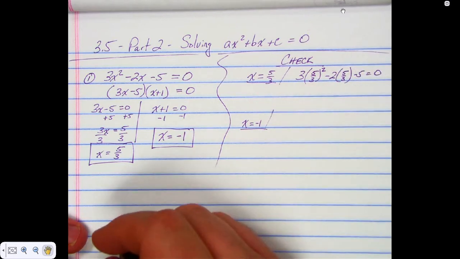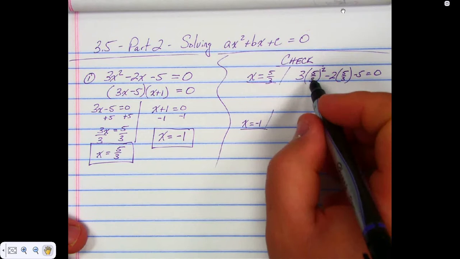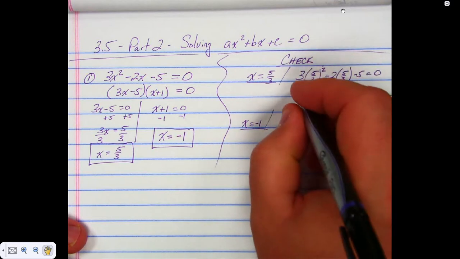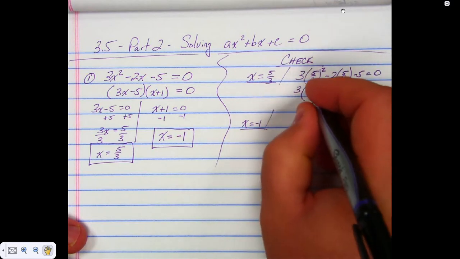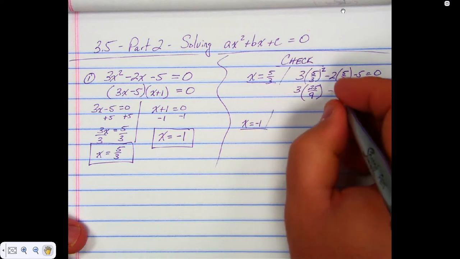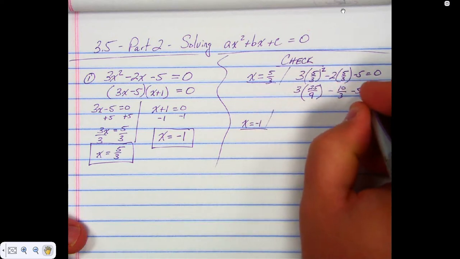Now, this is going to be a little tricky, isn't it? So what you should do is use your calculator to realize you can get 3 times, this will become 25 over 9 minus 10 over 3 minus 5 is equal to 0.